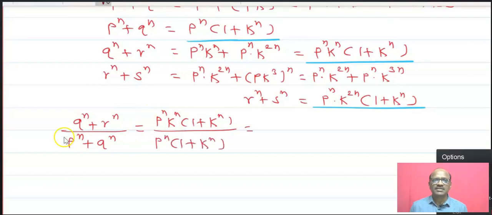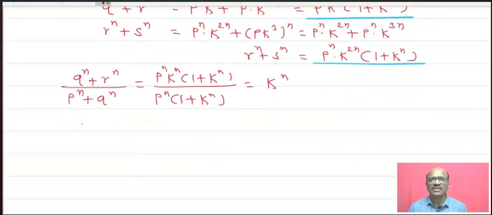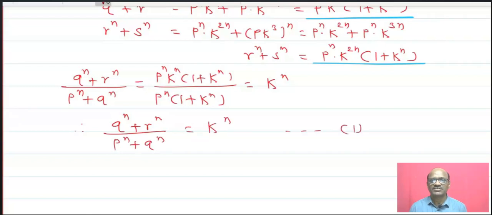For q^n + r^n, the value is p^n k^n (1 + k^n). For p^n + q^n, in bracket you will get p^n (1 + k^n). Overall you will get k^n. This is the first.